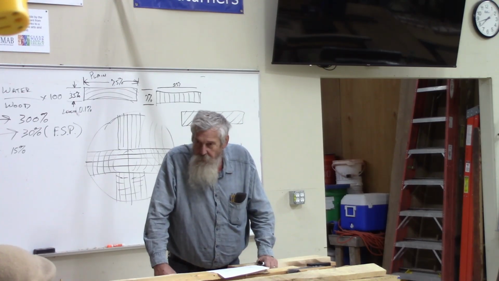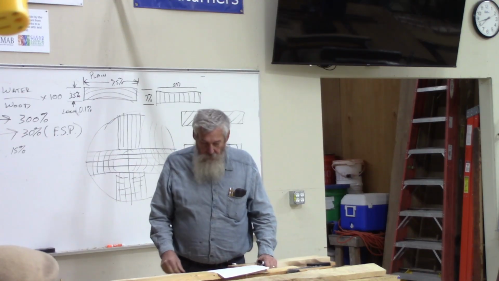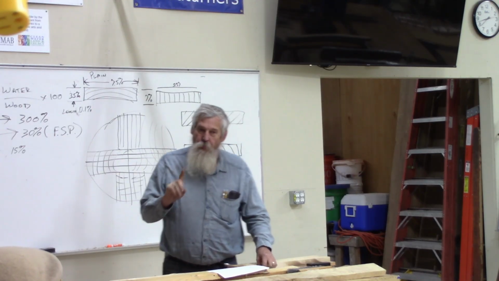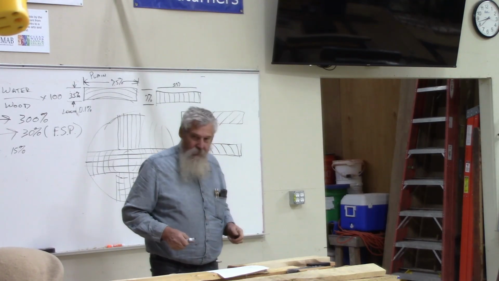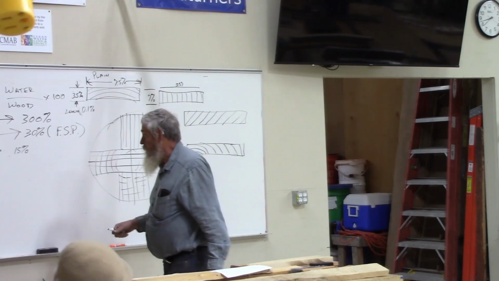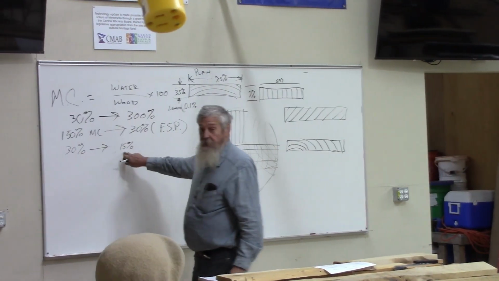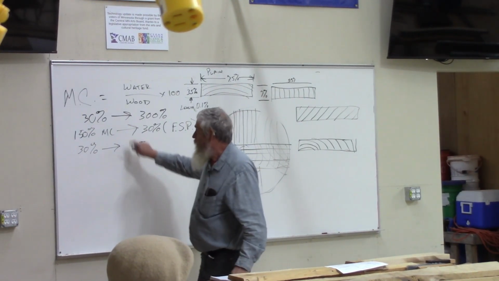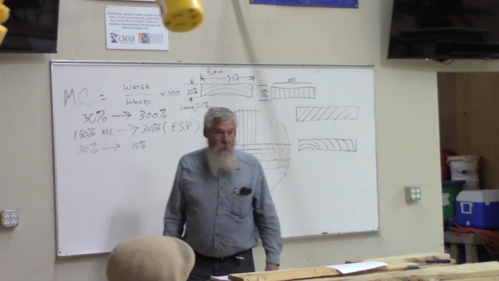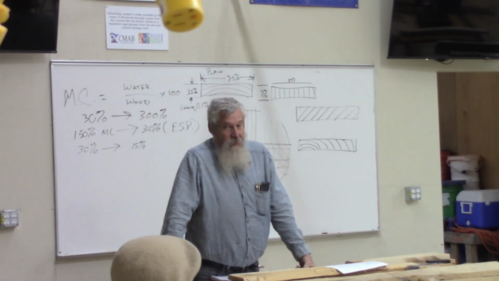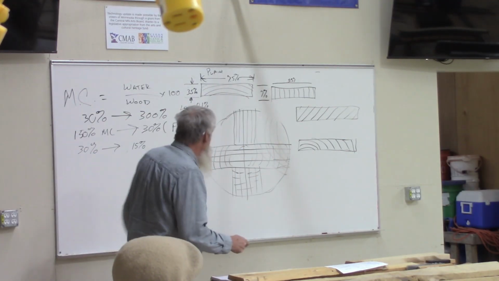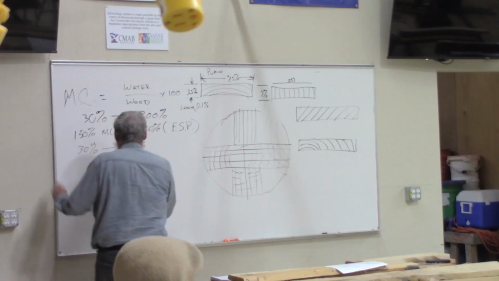This tabletop is how wide? It's going to move that much over the year? So where it changes, you have to look at your moisture content. If you start at 15%, and that's why I started with moisture content over here, you bring it into your shop, and a house is about 7.5% in the winter.